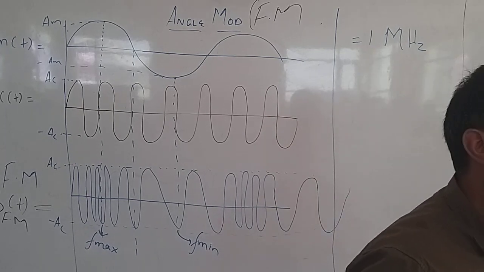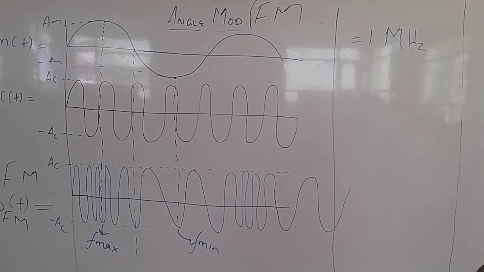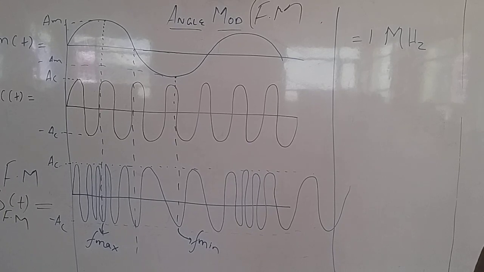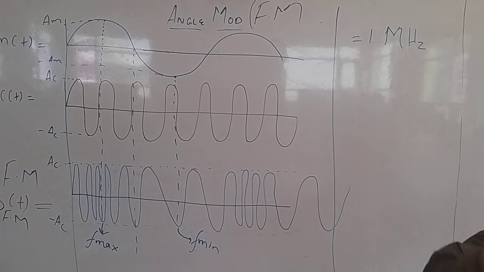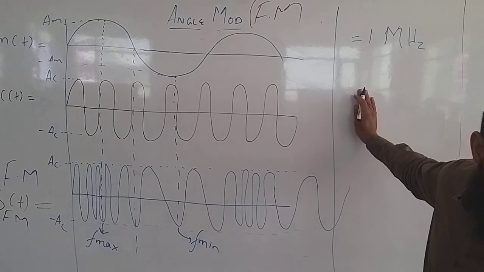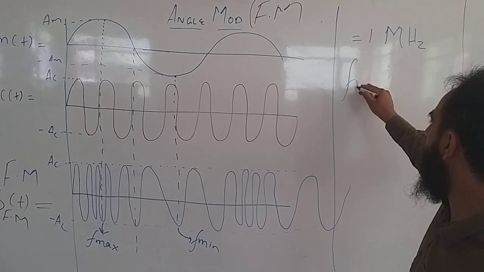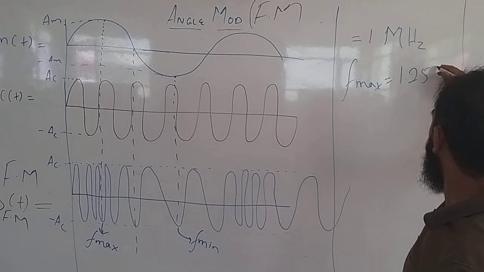I repeat, an unmodulated carrier frequency is equal to 1 megahertz, comma, after frequency modulation, maximum possible frequency is equal to 1.25 megahertz. After modulation, या frequency modulation actually, maximum possible frequency, actually F max, is equal to 1.25 megahertz.